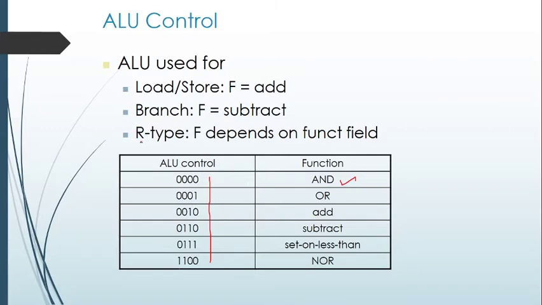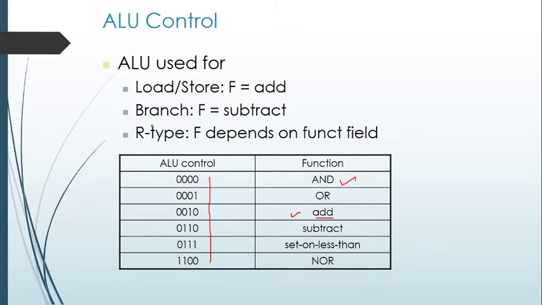For R-type instructions, the ALU control will decide which instruction it is, but for a load instruction, we know what the ALU is going to be doing. The ALU will do a simple addition for both load word and store word instructions, so the ALU control is fixed for them.